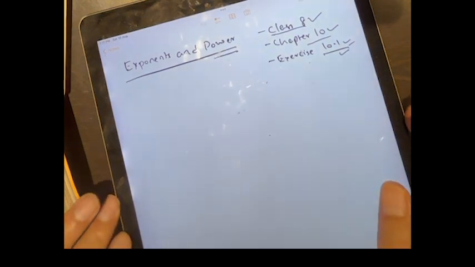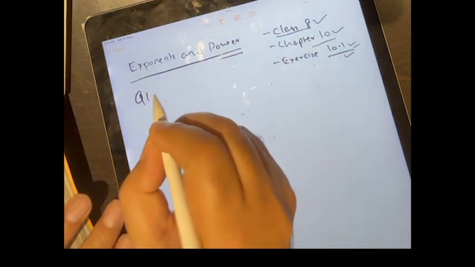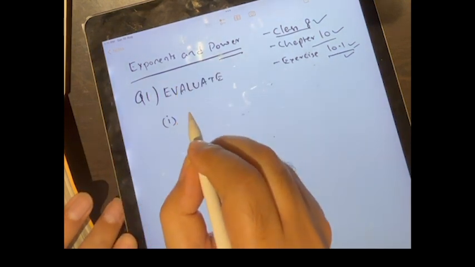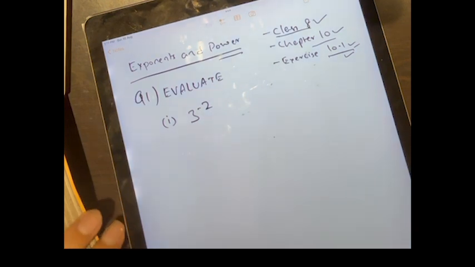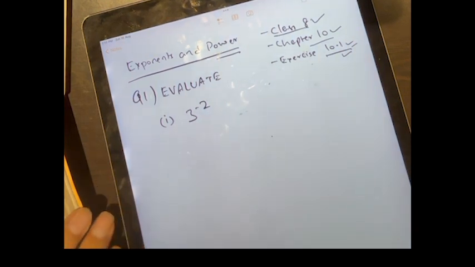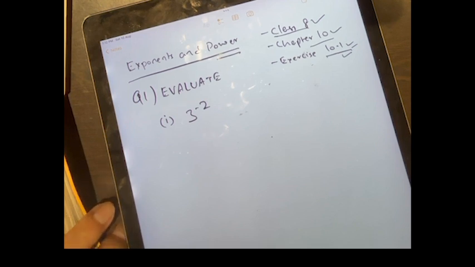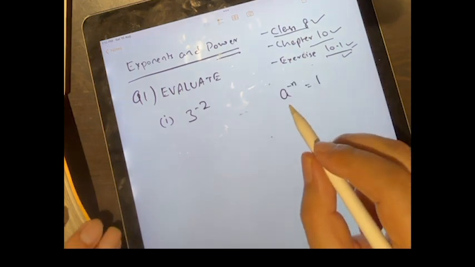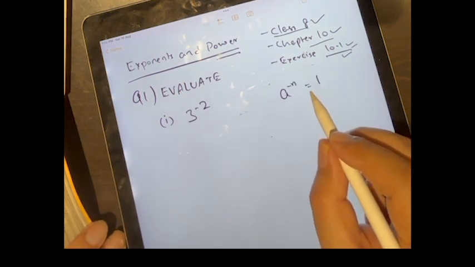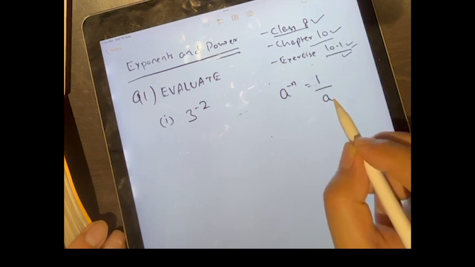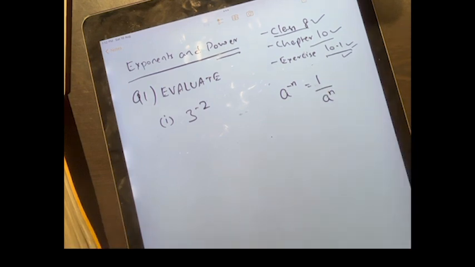So with that, let's just start with the first question. Question number 1 is evaluate 3 raised to the power of minus 2, and the first thing that we will do here is to convert the negative exponent into the positive one, as per the negative exponent law, which is basically that a raised to the power of minus n can be written as 1 by a raised to the power of n, in order to convert the negative exponent into the positive exponent.